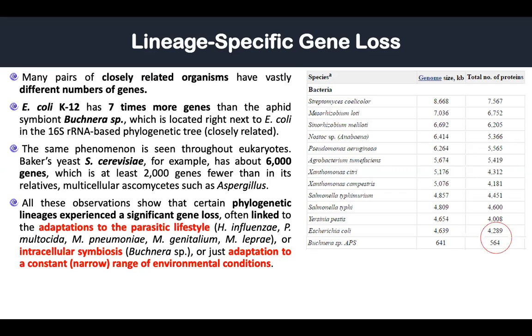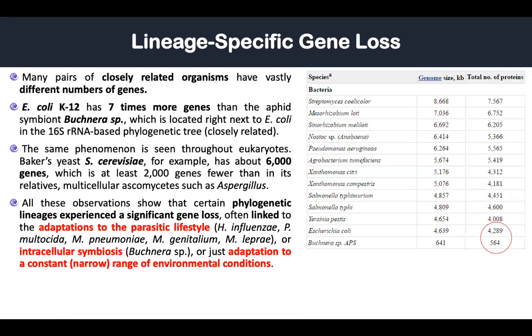All these observations show that certain phylogenetic lineages experience a significant gene loss, which is often linked to adaptation to a parasitic lifestyle, or intracellular symbiosis, or just adaptation to a constant range of environmental conditions.